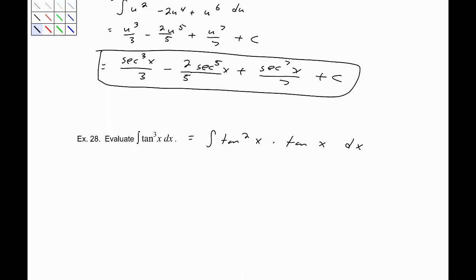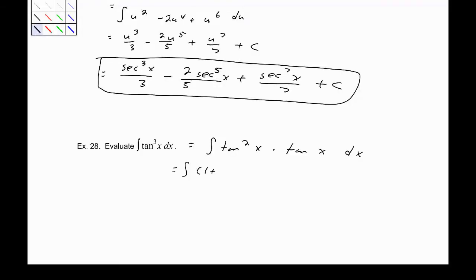Let's go ahead and turn that tangent squared into 1 plus... alright, now that should actually be a secant squared x minus 1. I need to erase that whole thing. Secant squared x minus 1 times tangent x dx.